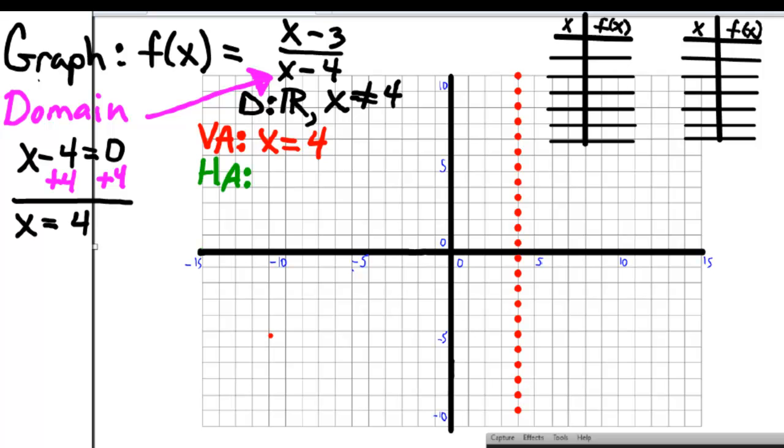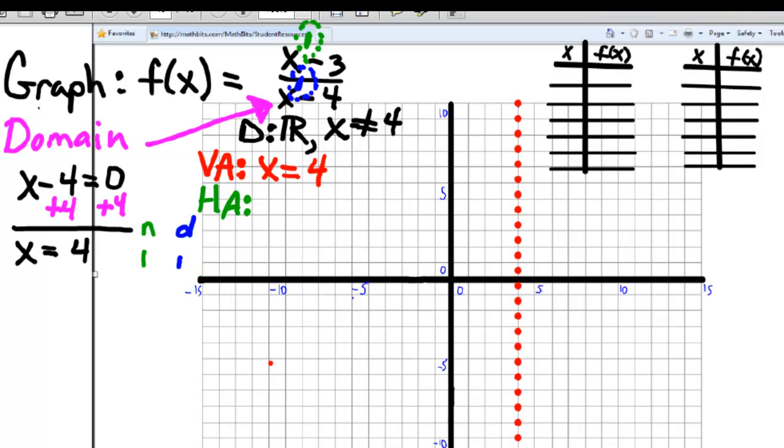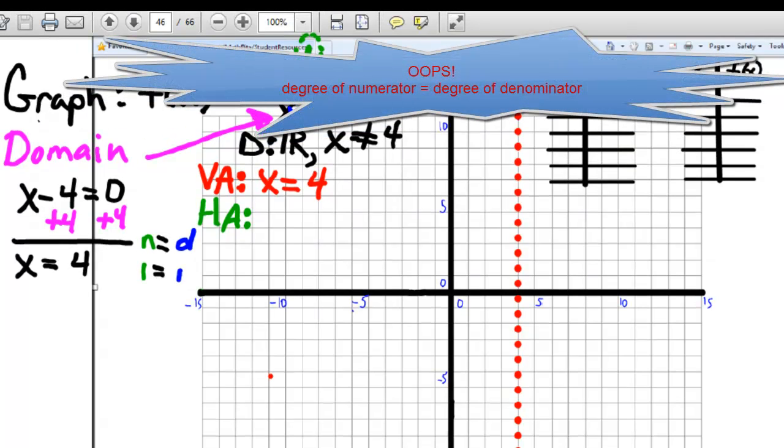Now look and see if there is a horizontal asymptote. Remember to look at the highest degree in the numerator and denominator. In the numerator, the highest degree is 1. In the denominator, the highest degree is also 1. The numerator and the denominator are equal to each other.